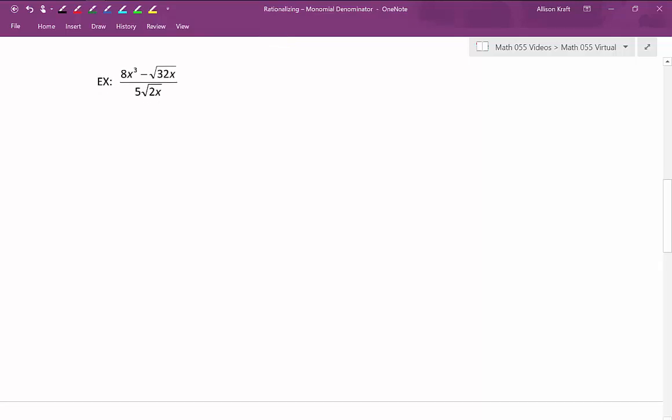In our next example, there's more going on everywhere, but our attention is focused on the denominator, and specifically the radical in the denominator. So we're actually going to ignore the 5 and just think, what would I have to multiply the square root of 2x by to get a perfect square at this point?